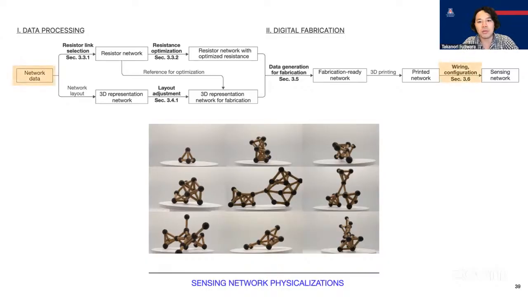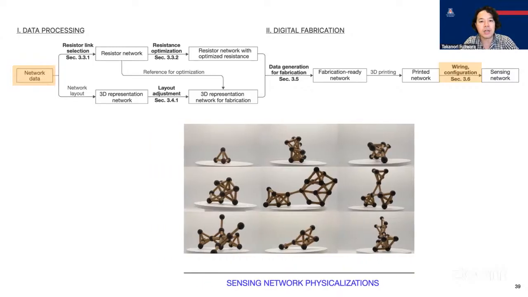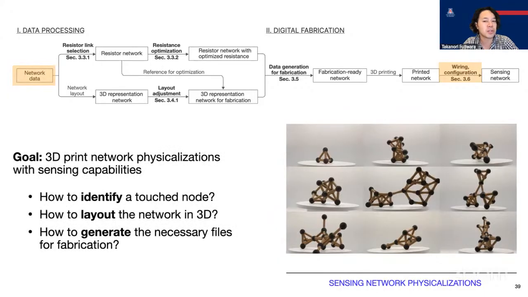In fact, all the user needs to do is upload the network dataset and wire it to a microcontroller. And all the low-level engineering is automated. Now I will be discussing the technical steps on how we achieve these sensing networks, which should achieve 3 sub-goals. One is how to identify touch nodes, another is how to lay out 3D networks, and another is how to generate files required for fabrication.